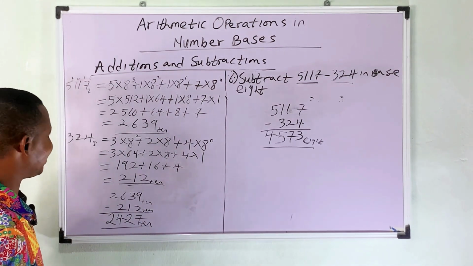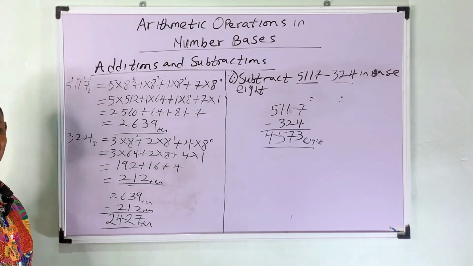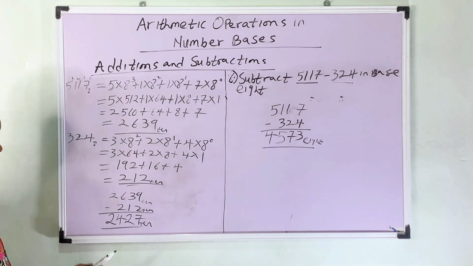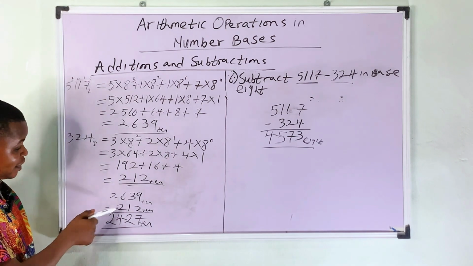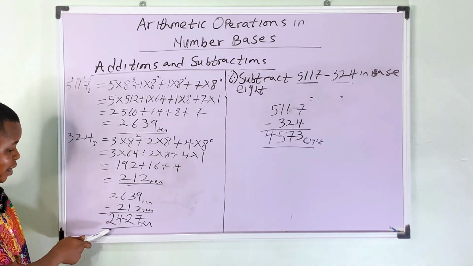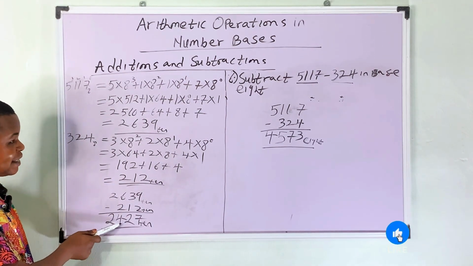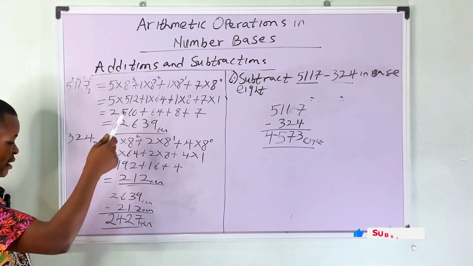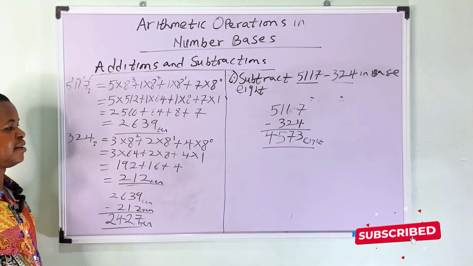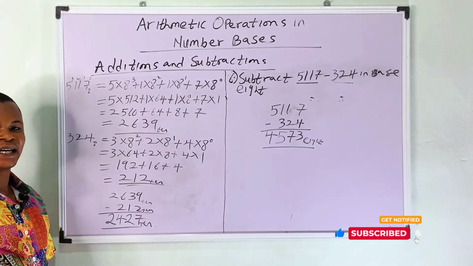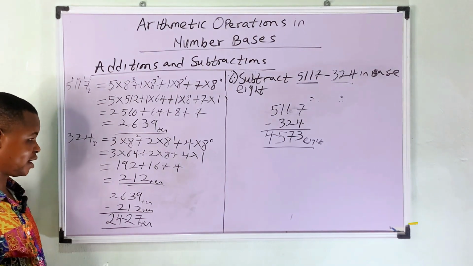All right. Now, in order to get our final answer, you can see that we've performed the subtraction operation in the base 10 equivalent, and we get this. We will now convert this back to base 8. Let's see what we're going to get.